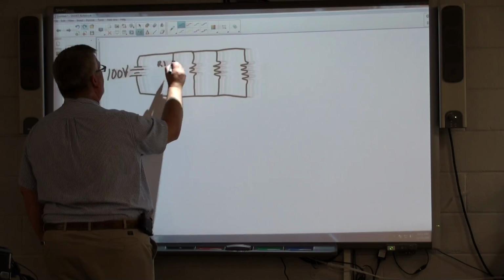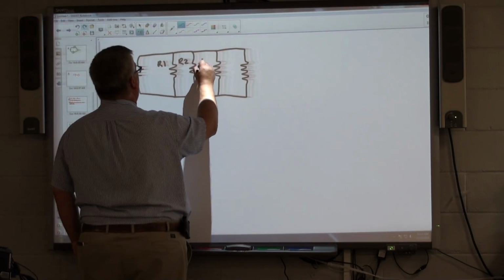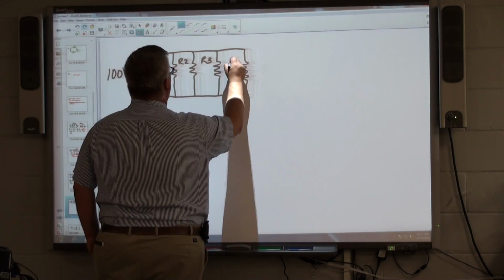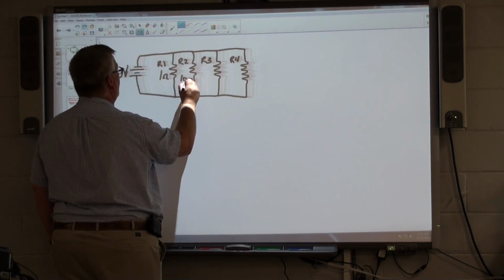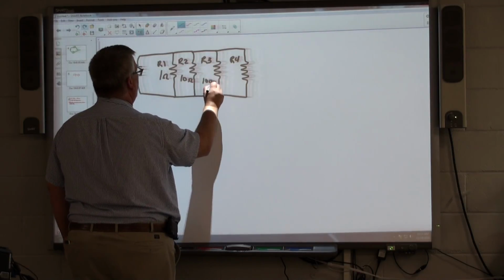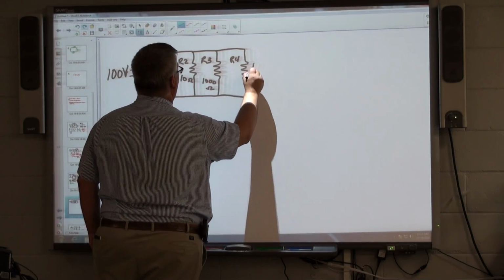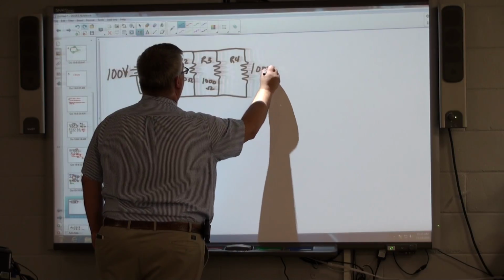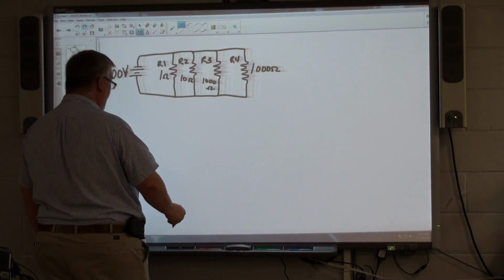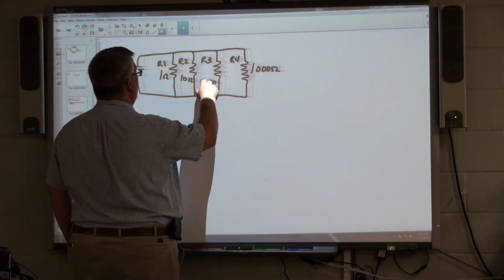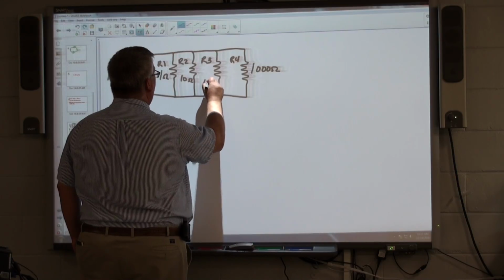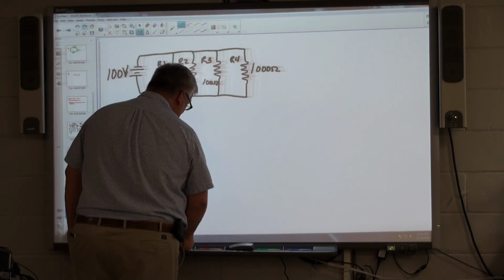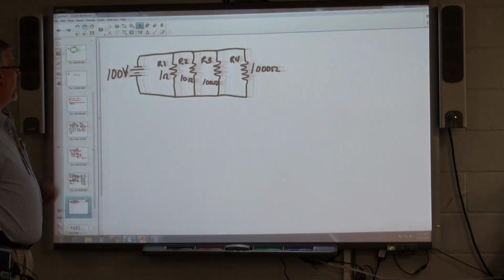So R1, R2, R3, R4. 1 ohm, 10 ohm, 100 ohm, and 1,000 ohm or 1K ohm. You put 1,000 on the third one. I did. Man, I just got zero happy. Thank goodness it wasn't this. All right, so we got a 1, a 10, a 100, and a 1,000.